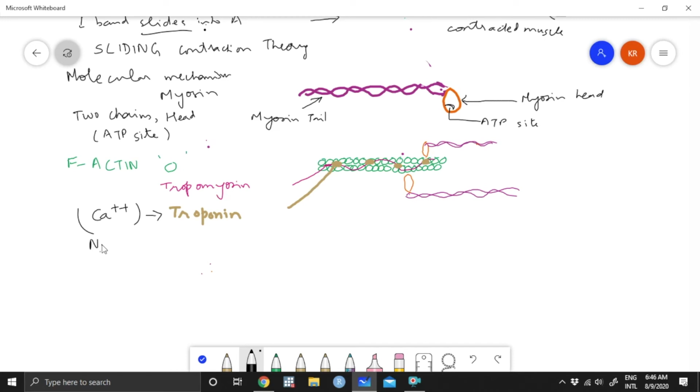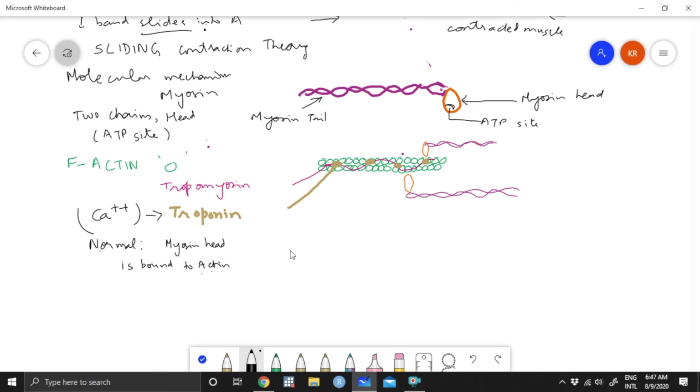Under normal conditions of rest, when it is relaxed, the myosin head is bound to actin.